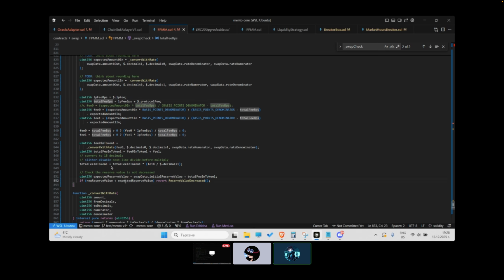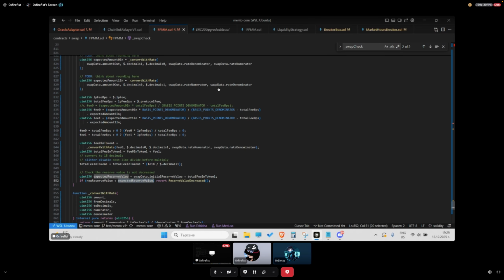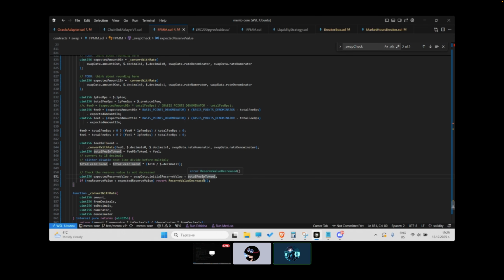It's like automatic. So the new reserve value should be higher than the expected reserve value. Yes, that's how they accumulate fees.